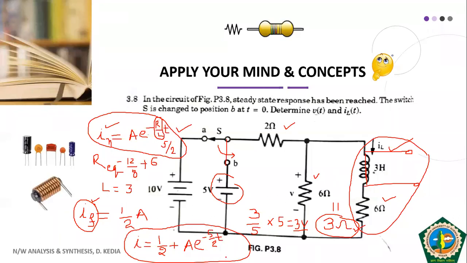E raised to power 0 will be 1, and the value of I that we obtained initially was 1. Substituting, we have 1 equal to 1 by 2 as it is plus A, and A comes out to be 1 by 2.